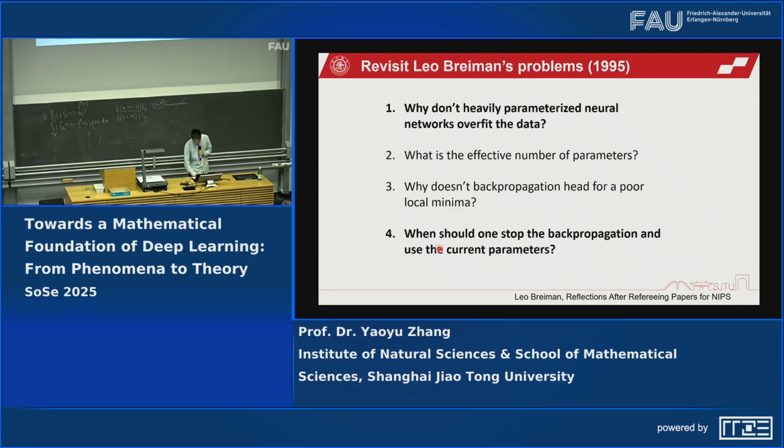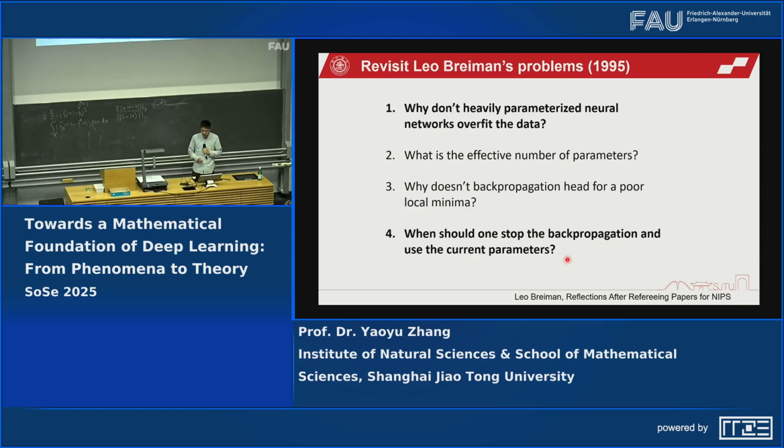And the last problem is about when one should stop the backpropagation and use the current parameters. Since we know that there are some higher frequency things which are noise in your data, I want to stop at a point where the neural network does not yet capture the higher frequency noise, but already captures the lower frequency information in your data.